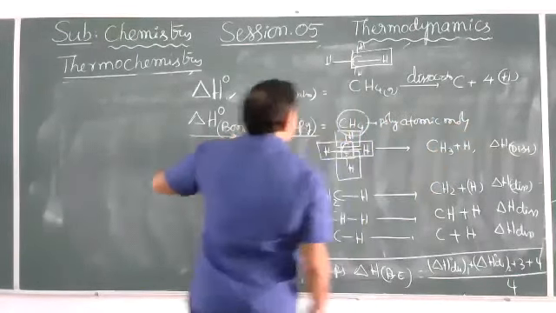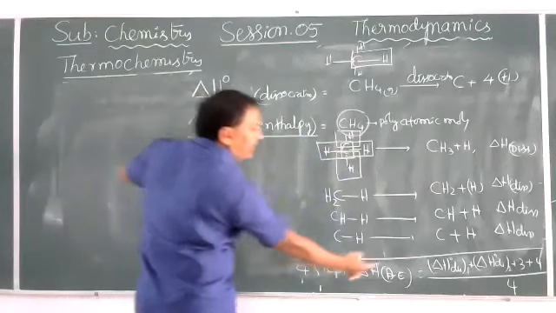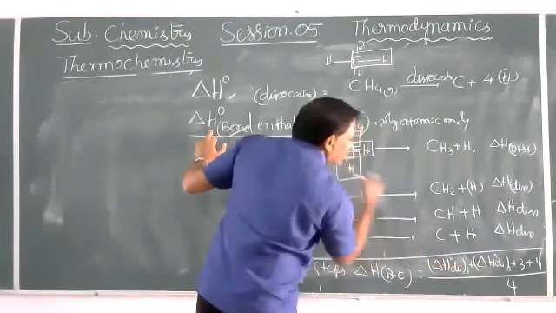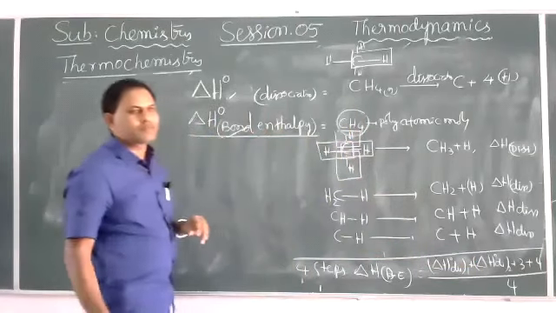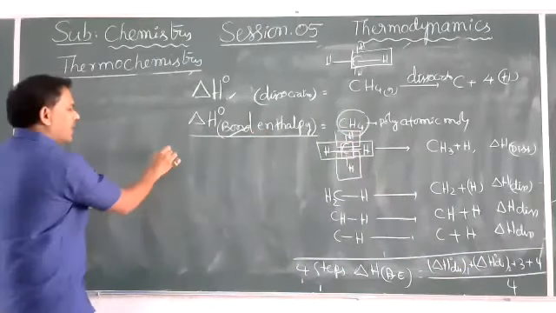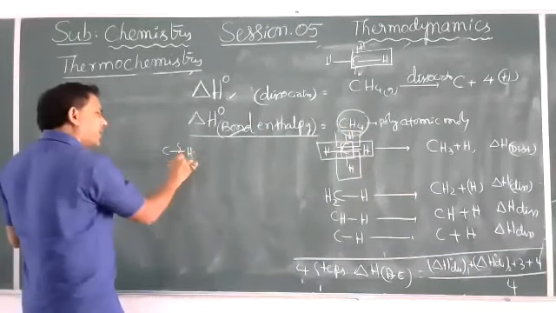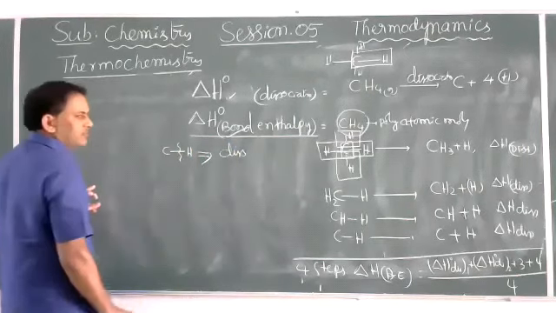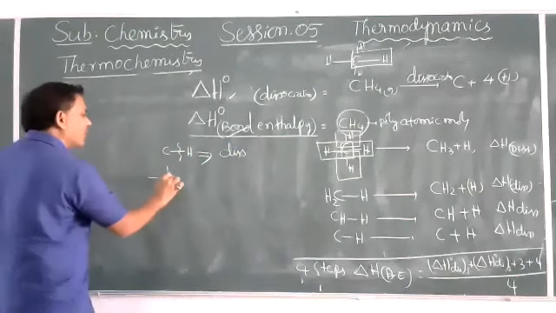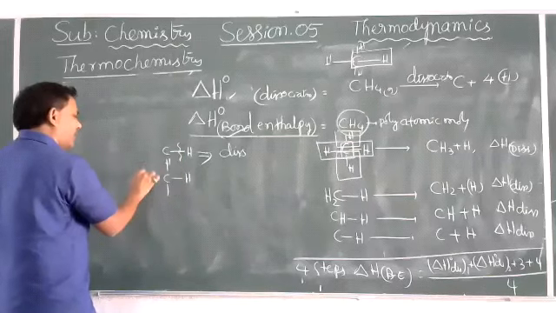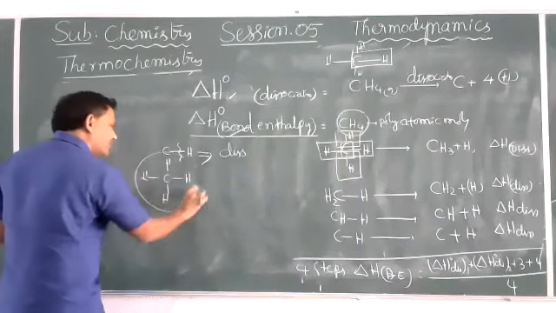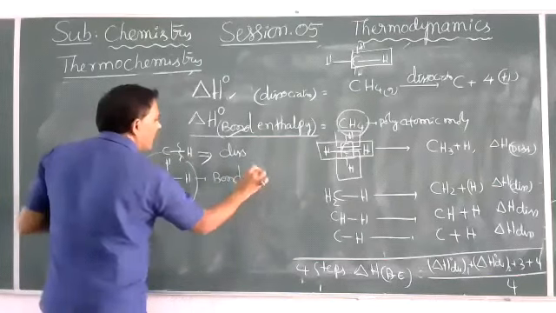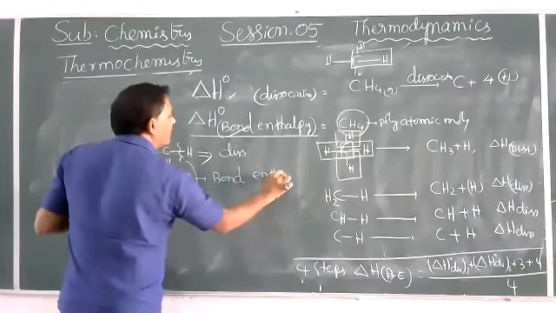Whereas for a polyatomic molecule, the bond enthalpy is the average bond dissociation energy present in the molecule. So to break a carbon hydrogen bond, some amount of energy is required, that is called dissociation. But around carbon, to break all 4 covalent bonds, the amount of energy required is called bond enthalpy.